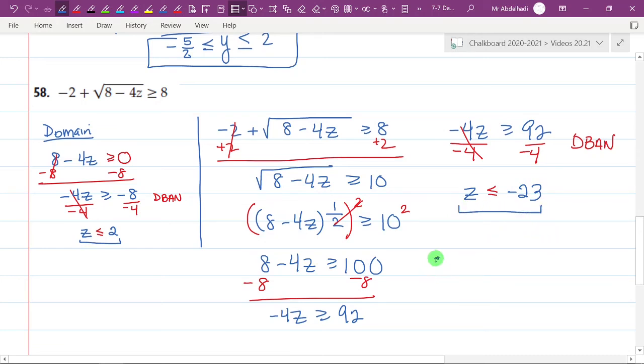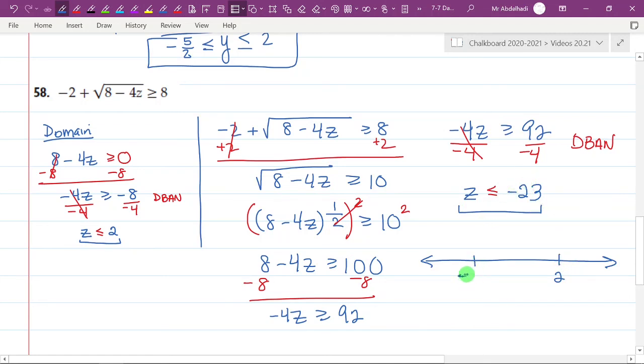What I need to do is make my number line to decide if my domain contradicts my solution at all. So first of all, where's the domain? Okay, we have 2 and we have negative 23. Put the bigger number on the right, the smaller number on the left. The bigger number is 2, because 2 is bigger than negative 23.